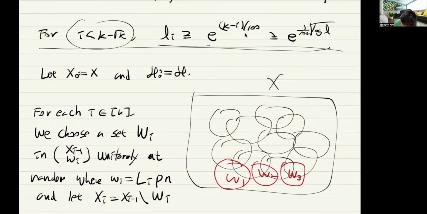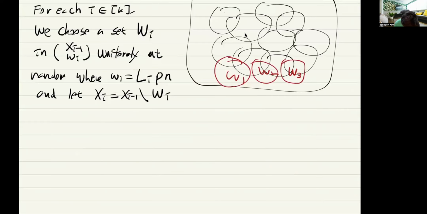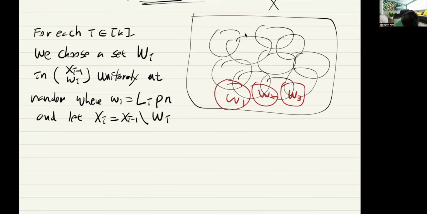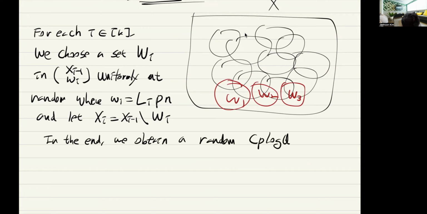And while you're doing that, we will also update this hypergraph. And in the end, we obtain a random set of size, it's a union of these, for some constant C.